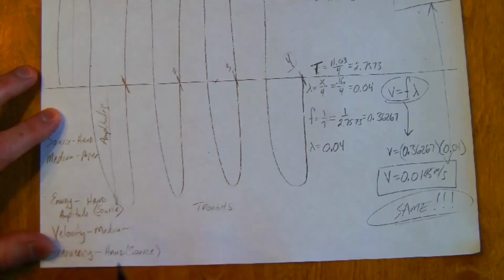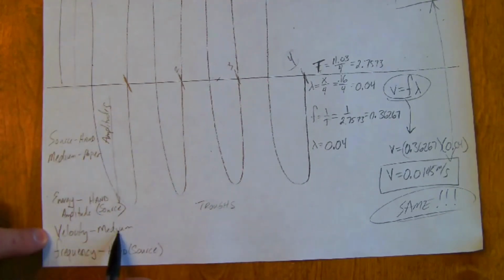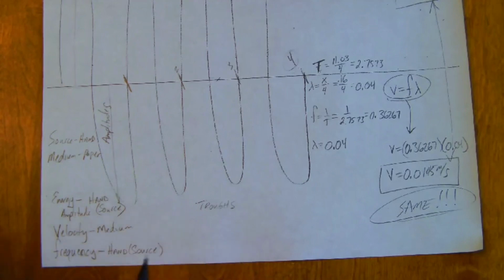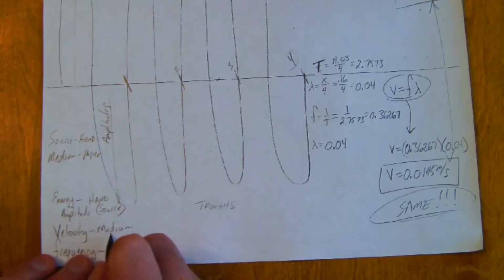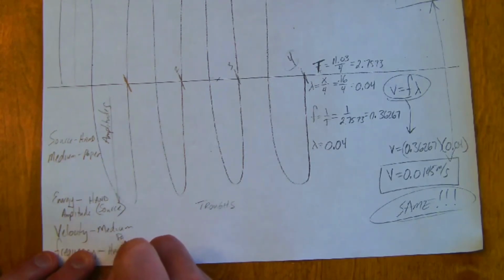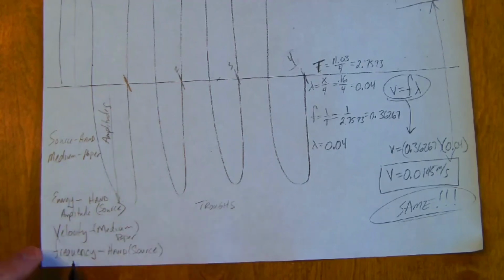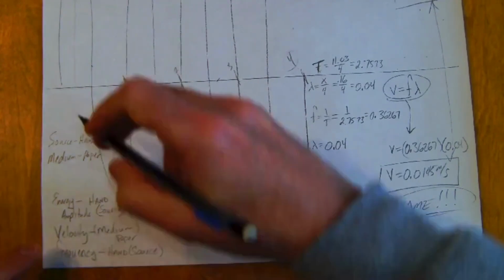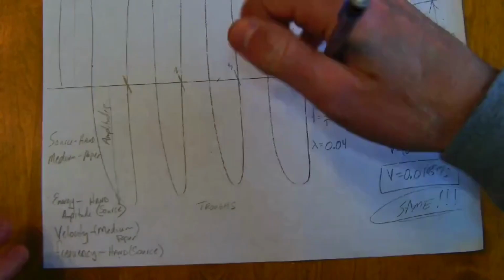The velocity is caused by the medium. If you think of a foggy day, the velocity of the wave is going to be very different for a foghorn than it would be on a very clear day. So the medium in this case was the paper. And then the frequency is how quickly the hand is going back and forth. The source of it is what causes the frequency.